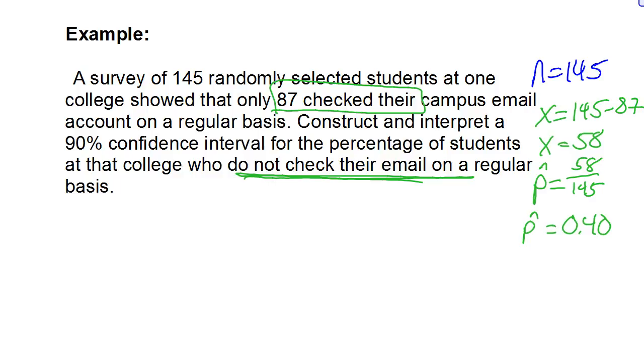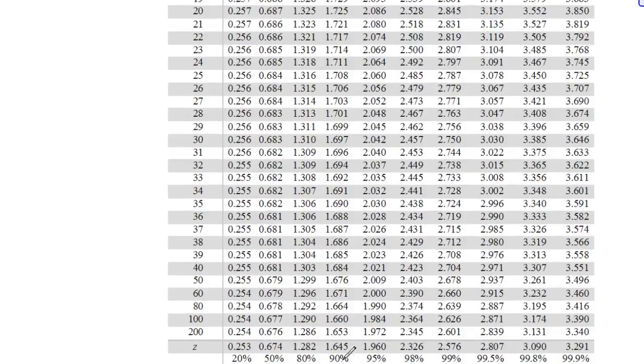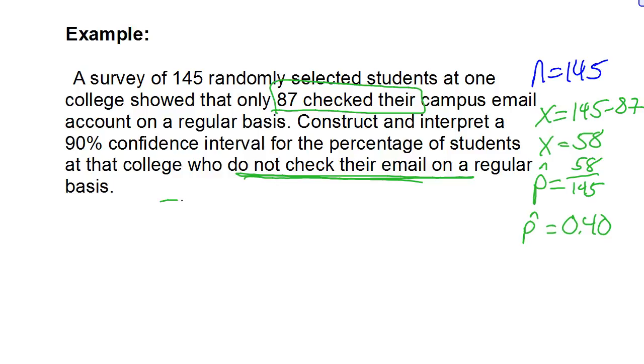Well, we go over and look at a 90% confidence interval, a z-score is 1.645. So we're going to use z alpha divided by 2 is equal to 1.645. So we have the information that we need because we have p hat, we have n, and we have z.